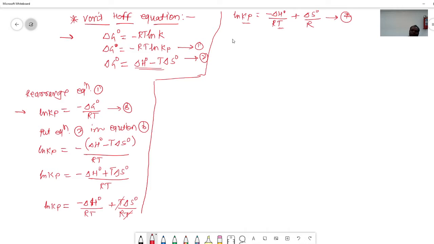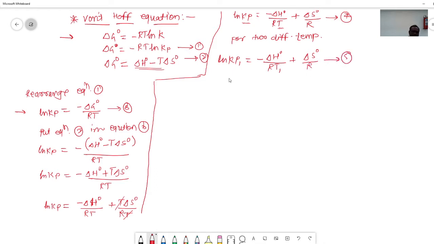Therefore for two different temperatures, equation 4 can be written as ln Kp1 is equal to minus delta H0 divided by RT1 plus delta S0 divided by R. Suppose this is equation number 5.